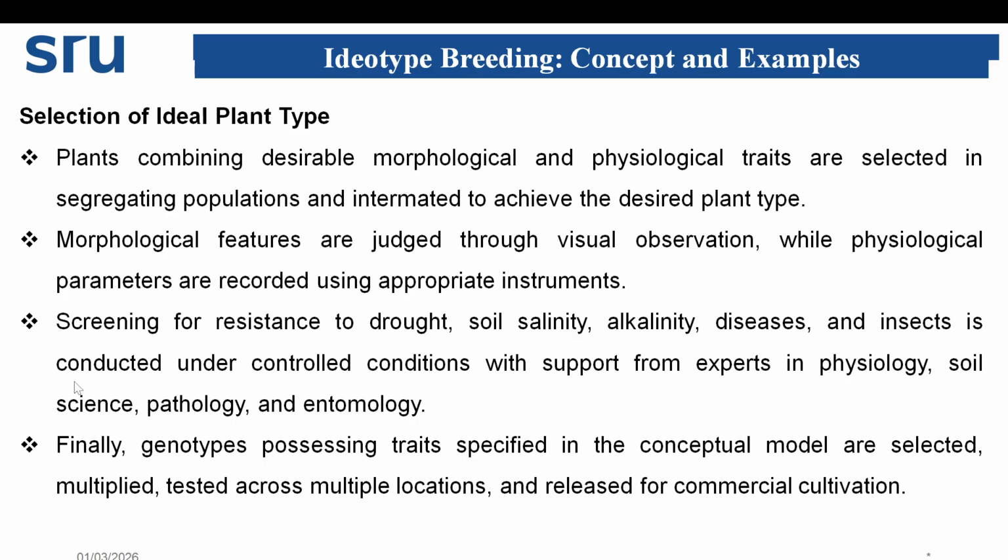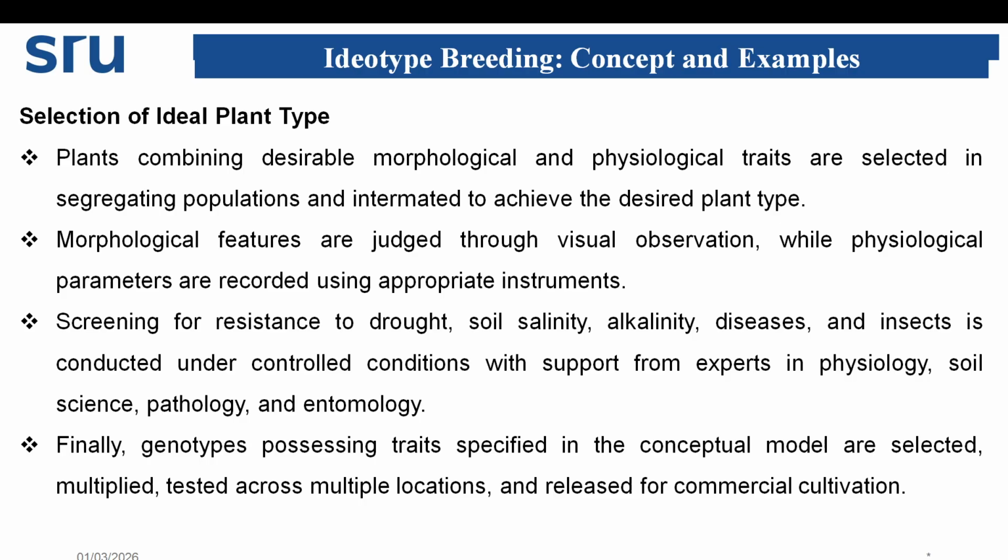And finally, the genotypes possessing the traits specified in the conceptual model, only those genotypes you need to select, multiply, test across locations, and you can release as a variety for commercial cultivation.